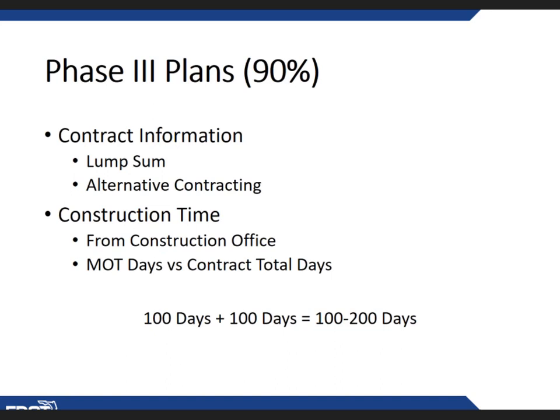A 100-day project plus a 100-day project doesn't always equal 200 days. It can result in anything from 100 to a 200-day contract, depending on how the work overlaps. So again, go through the district scheduler to get that information when you have a strung project.